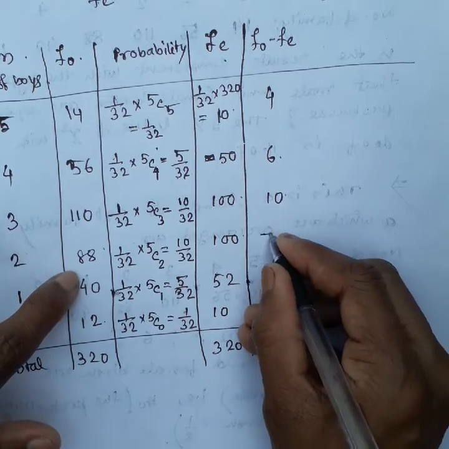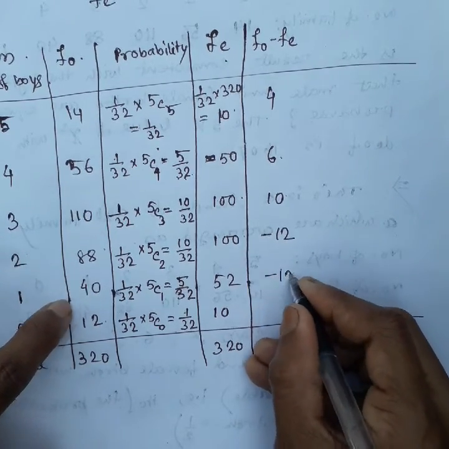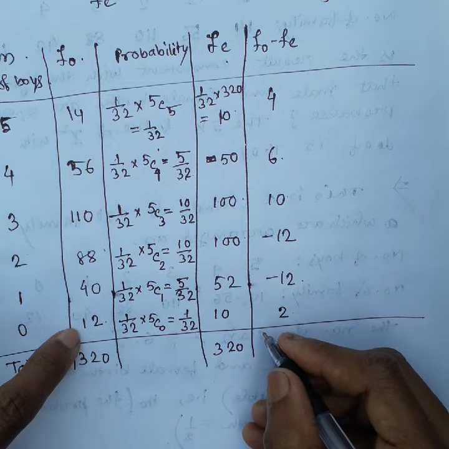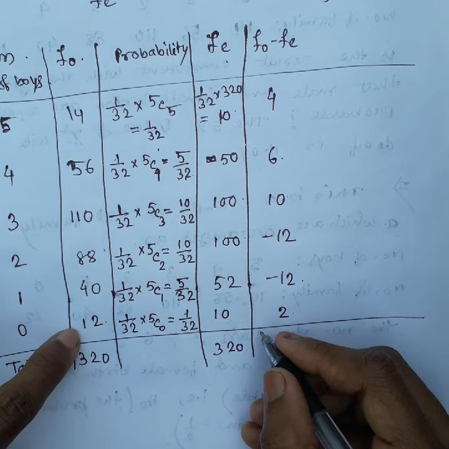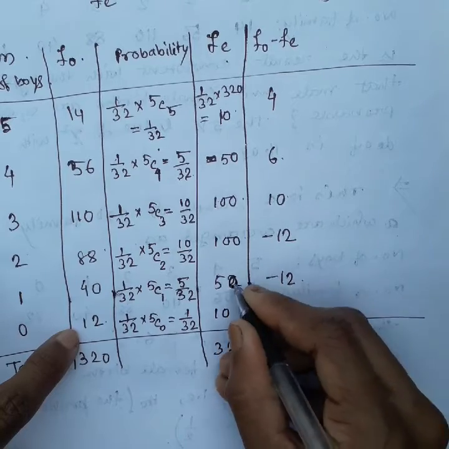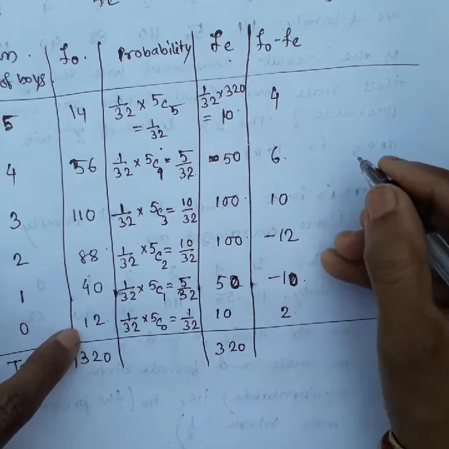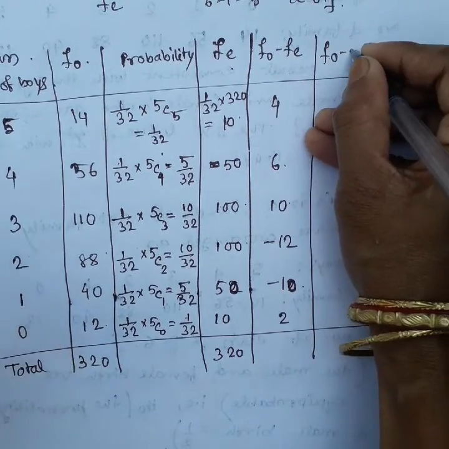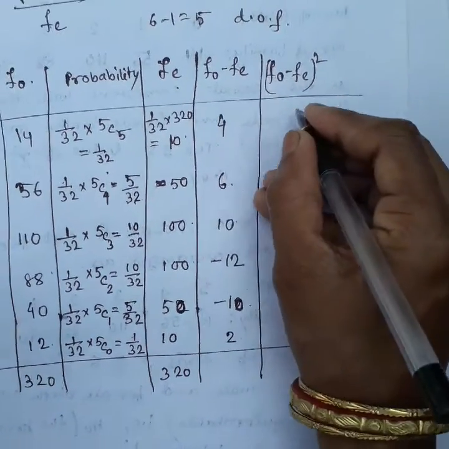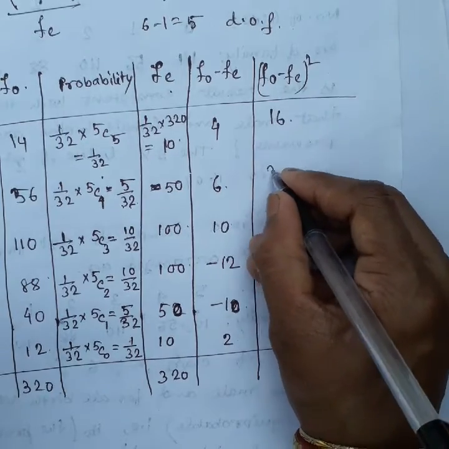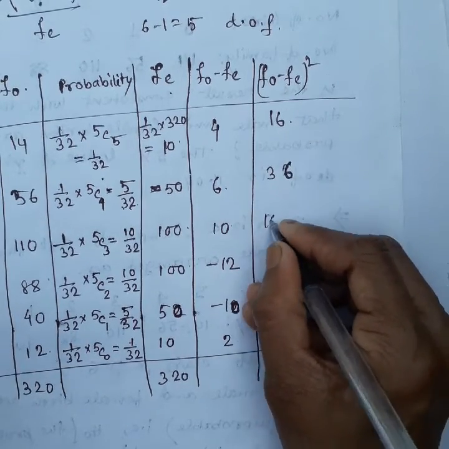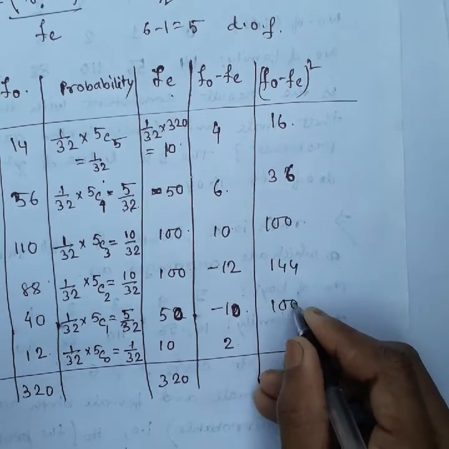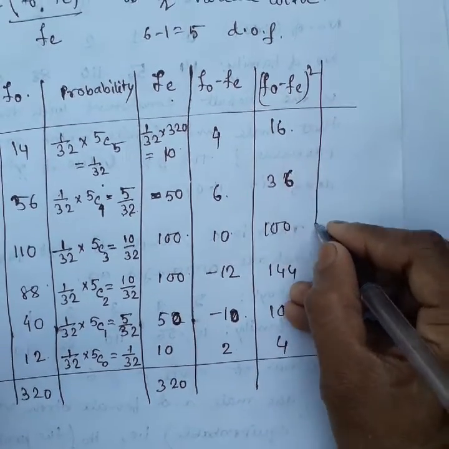This is 10. This is minus 12. This is also minus 12. Oh, sorry. This is 10. This is 50, so it is minus 10. Okay, now (FO minus FE) whole square. So this is 16, 36, 100, 144, this is also 100, and this is 4.